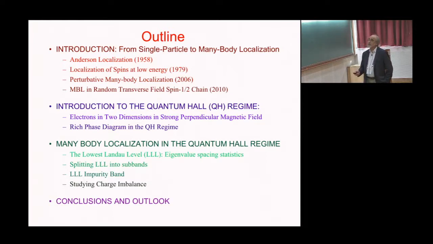Our technique to understand many-body localization will be eigenvalue spacing statistics. I will introduce that right here and hopefully get the message across as to how we are actually going to look at and identify many-body localization. And I'll summarize with some conclusions and outlook.